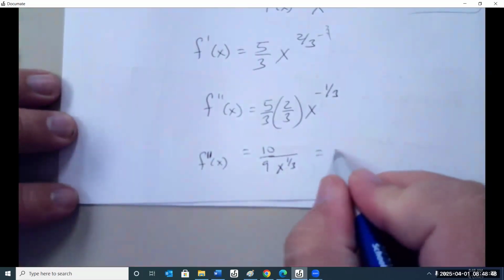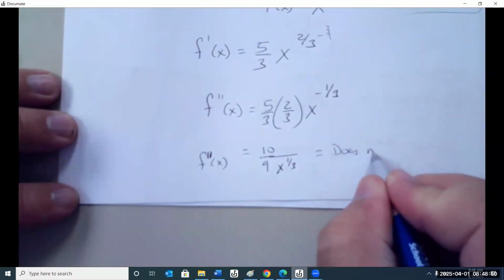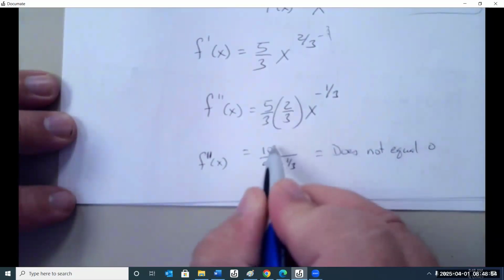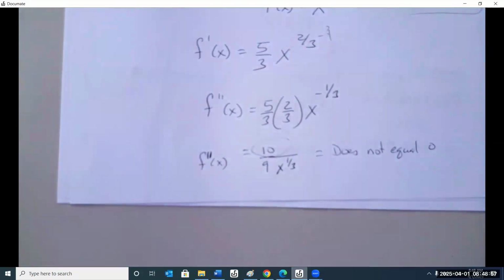Right. Because the only way a fraction equals 0 is if the top is equal to 0. So this gives us a new modified definition of the point of inflection.